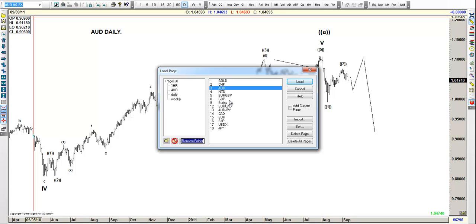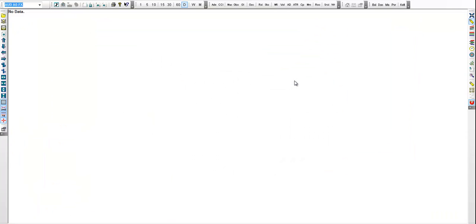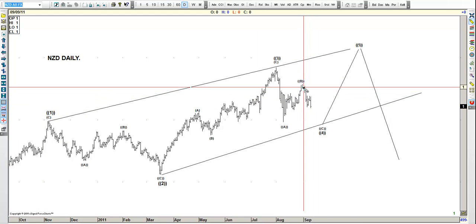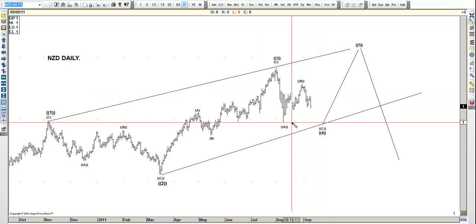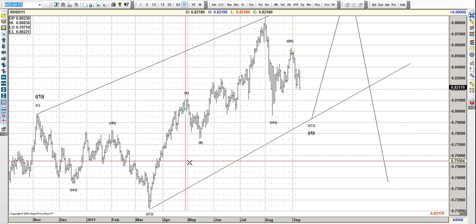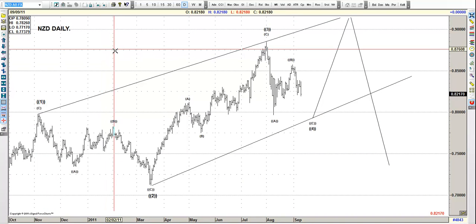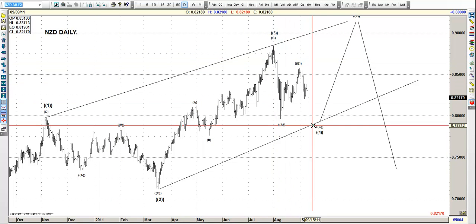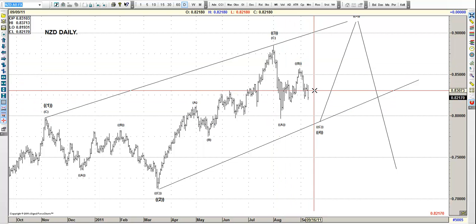The same with the New Zealand. The New Zealand here, as you guys see, is destined. The New Zealand needs to trade below 79.66 to complete a three-wave move. Now, we need extension.